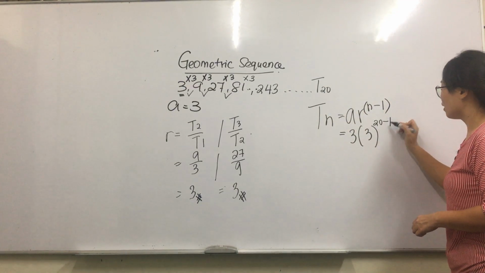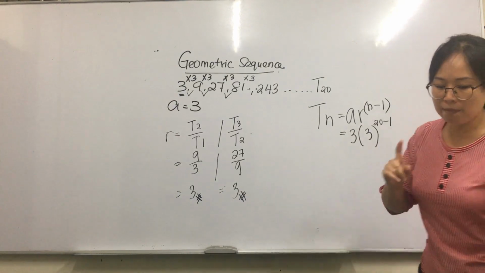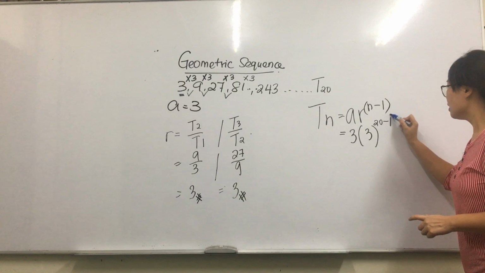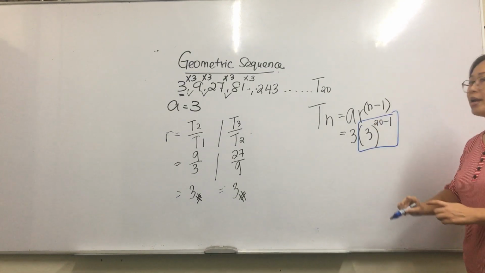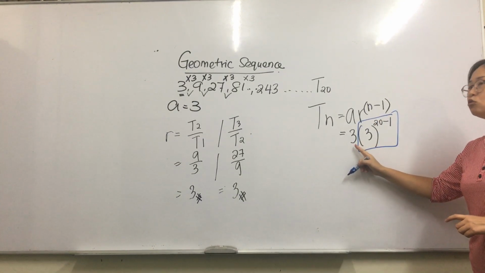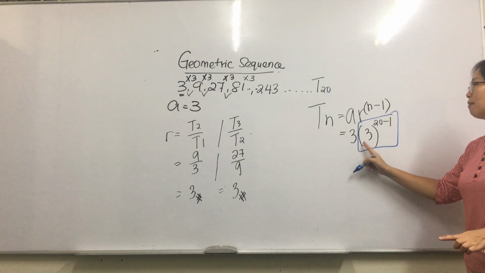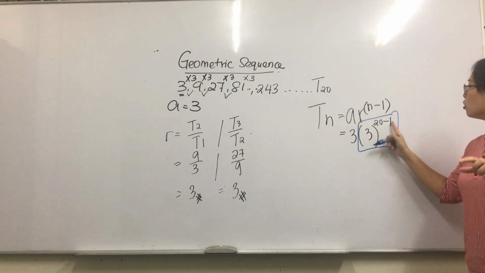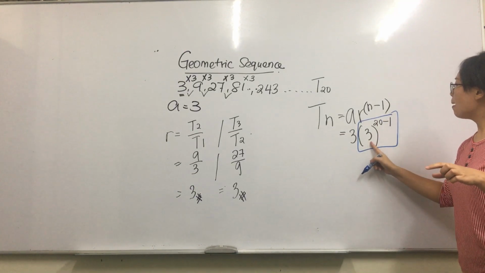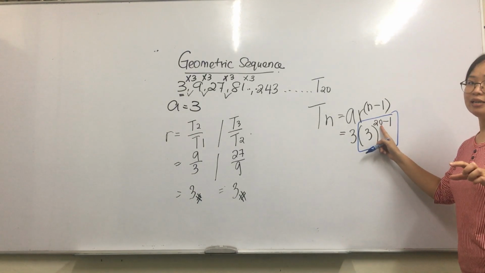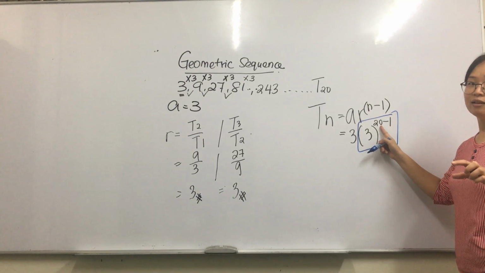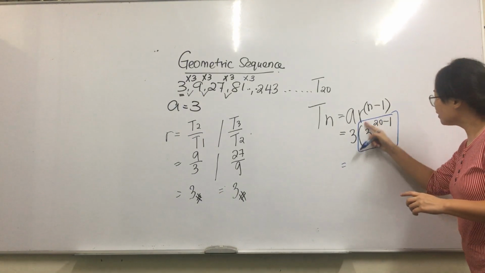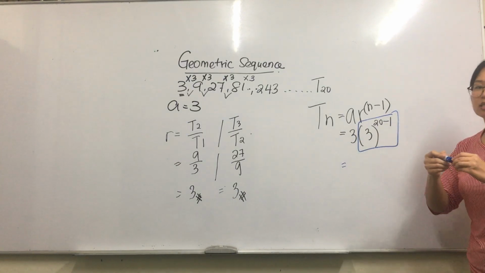20 minus 1. Remember that you have to do whatever is in the bracket first. Please do not give me the answer like 3 times 3, then power of 19. No. You have to do 3 power of 19. 20 minus 1 is 19. You have to give me this first. You get this answer, then you times 3.